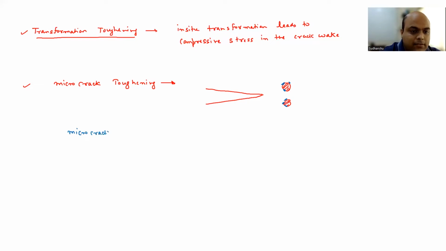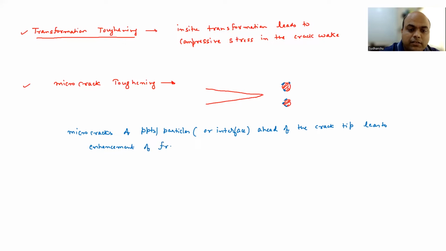So micro cracks of say precipitates, some particles, or interface ahead of the crack tip leads to enhancement of fracture toughness.